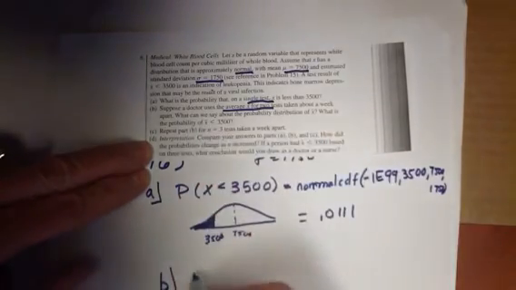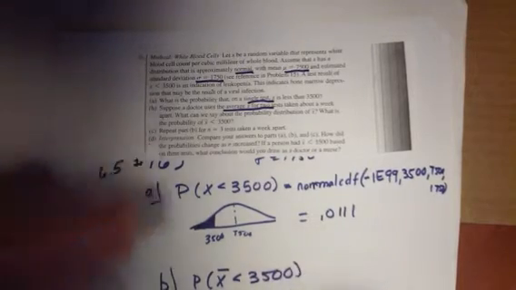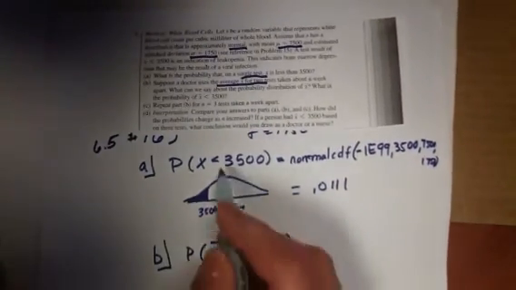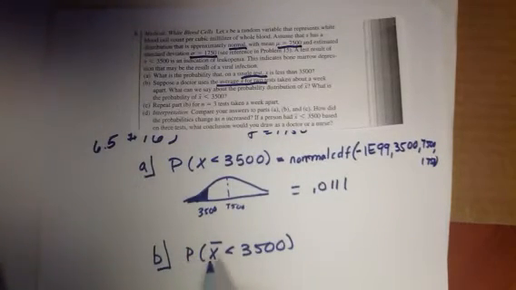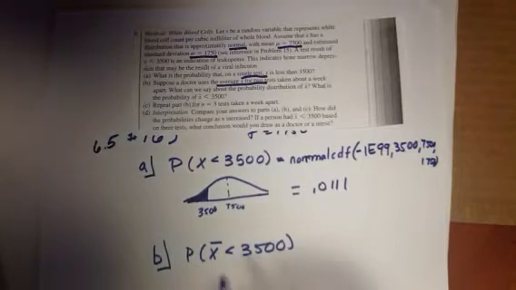What is the probability that X bar is less than 3,500? So that's the difference between part A and B. Part A is just the probability that X is less than 3,500. Part B is the probability that X bar is less than 3,500.